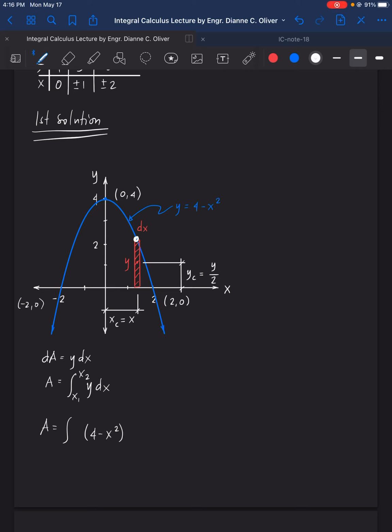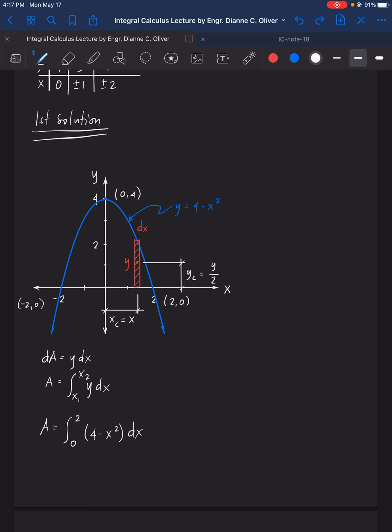The area strip is connected with the curve at this point, so y is equal to 4 minus x squared for the y, and we have here dx. The limits are from this point to that point, from left until the right. So the lower limit is 0, the upper limit is 2. So x1 and x2.